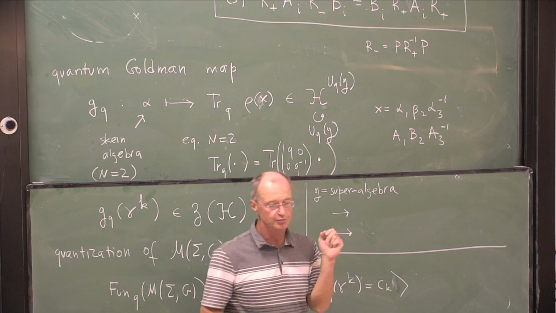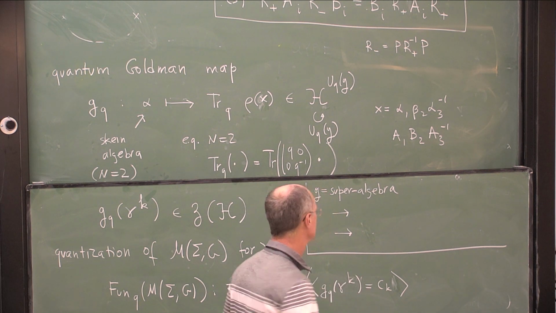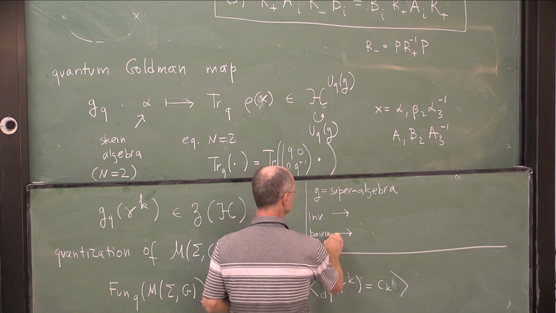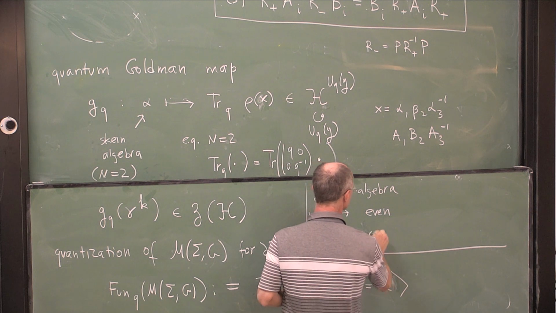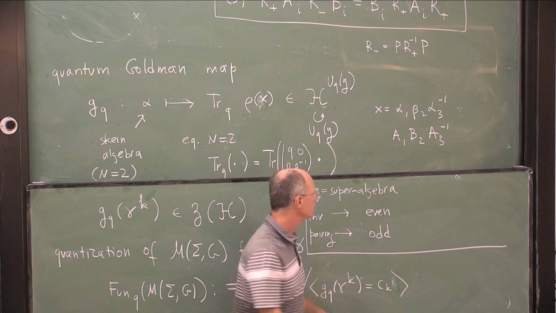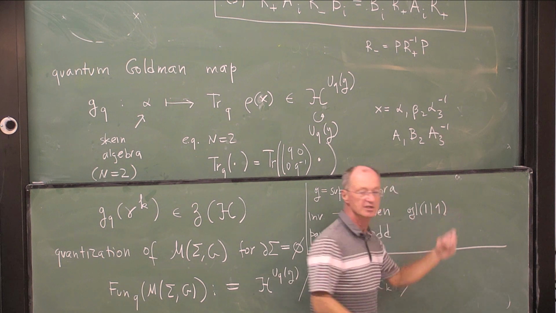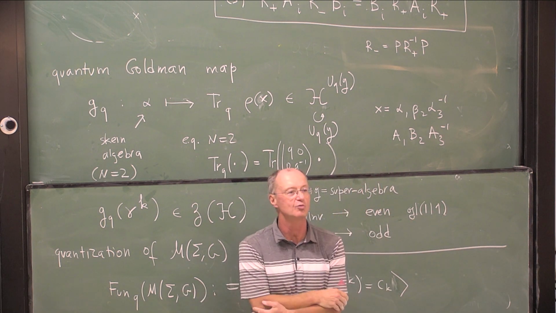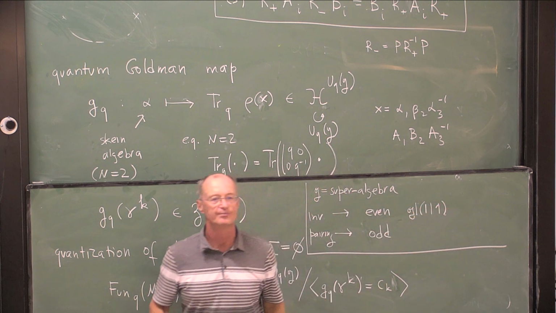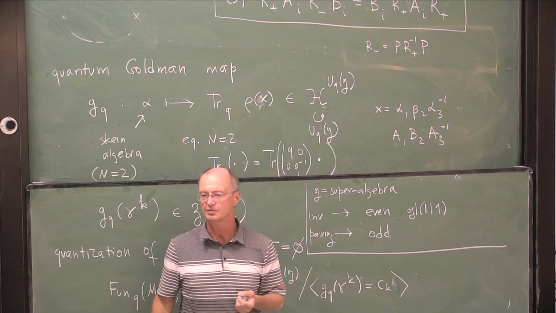In any event, you probably want some kind of invariant pairing, and this invariant pairing may be even or odd. There are interesting works in the case of even pairing, and maybe you can ask Nejla if you want to know more about it, because she worked in that direction. And the pairing can be more exotically odd.